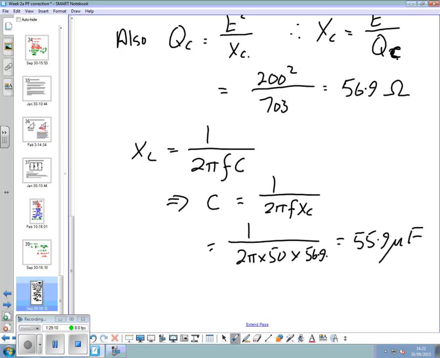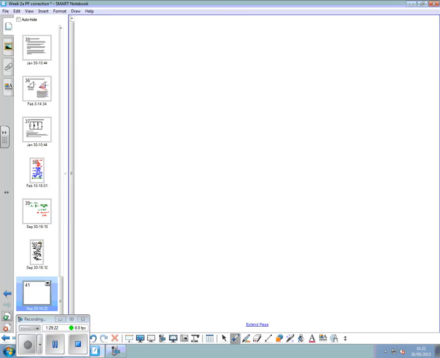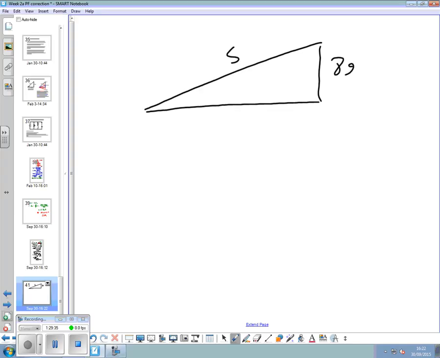So the last bit of the question said, calculate the new current flowing, did it not? The new total apparent power and the new current. One more page. So our revised system has got an S up there. It's got 897 in there.